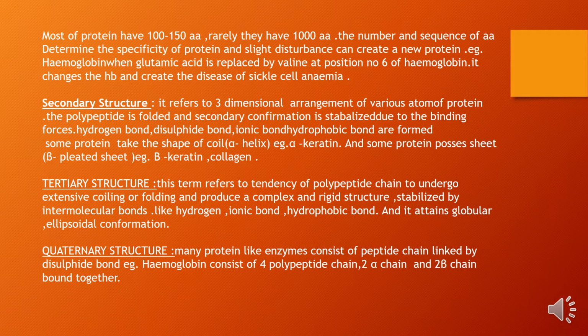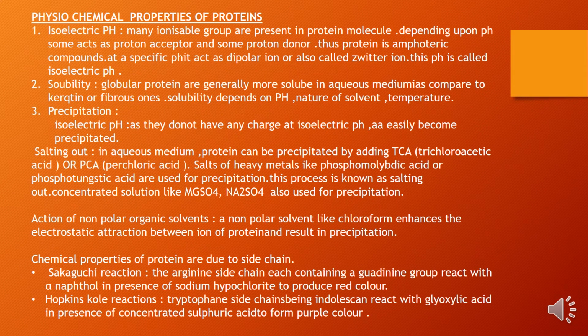Tertiary structure refers to the tendency of the polypeptide chain to undergo extensive coiling or folding and produce a complex and rigid structure stabilized by bonds like hydrogen, ionic, hydrophobic, and it attains globular and ellipsoidal conformation. Quaternary structure: many proteins like enzymes consist of peptide chains linked by disulfide bonds. Hemoglobin consists of 4 polypeptide chains, 2 alpha chains and 2 beta chains bound together.